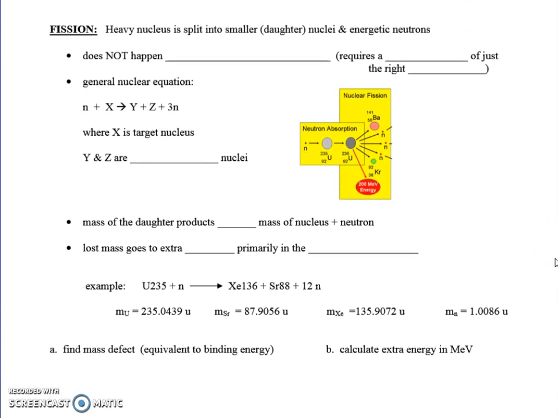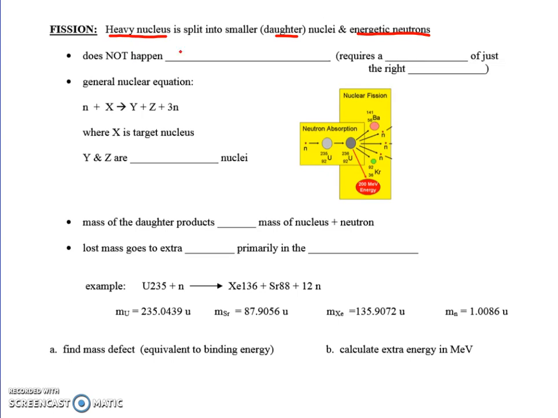Okay, fission. To fission something is to split it in half, so it's generally a very heavy nucleus split into what we call daughter nuclei, which is a simple way of saying lighter nuclei. What we really care about, whether it's for peaceful purposes or for kabooms, is the energetic neutrons. Now, we don't want to confuse fission with nuclear decay, or radioactive decay.